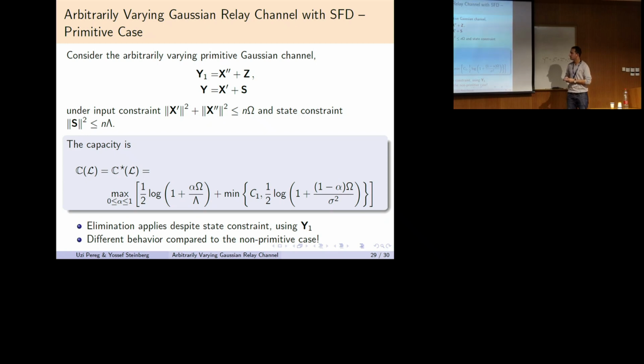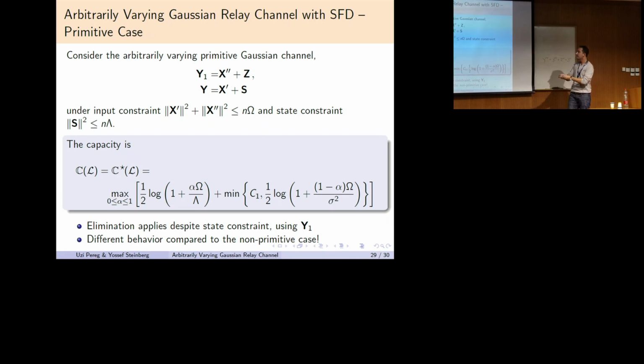And for the random code capacity, this is not very surprising, and it has a similar form to what we had for the non-primitive relay channel. So for the random code capacity, we do have the same behavior. However, recall that we've seen for the non-primitive relay channel that for low values of the input constraint, the capacity can be 0 while the random code capacity is positive.